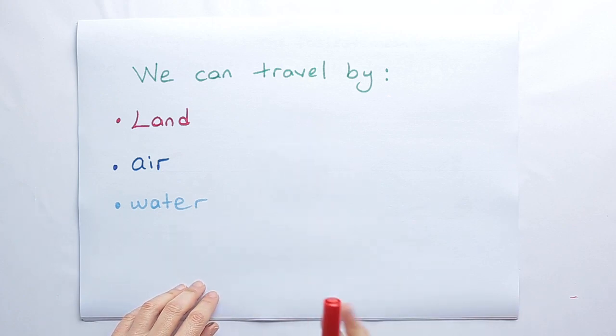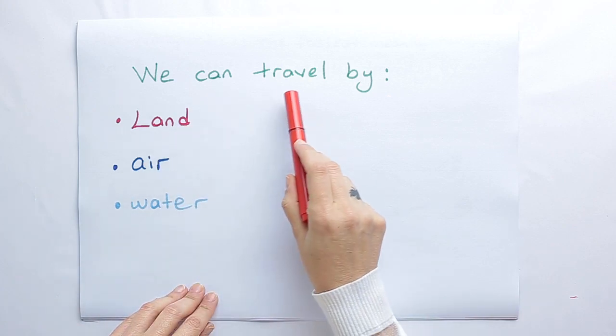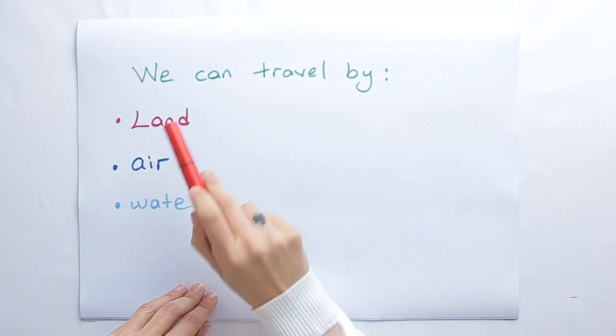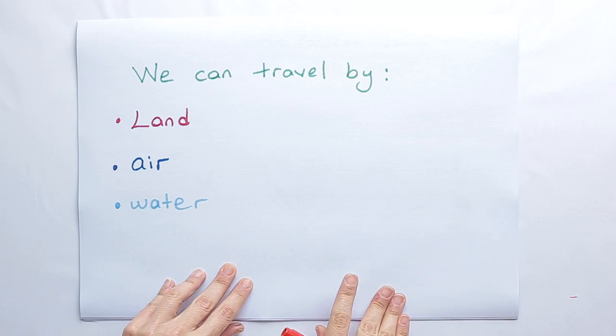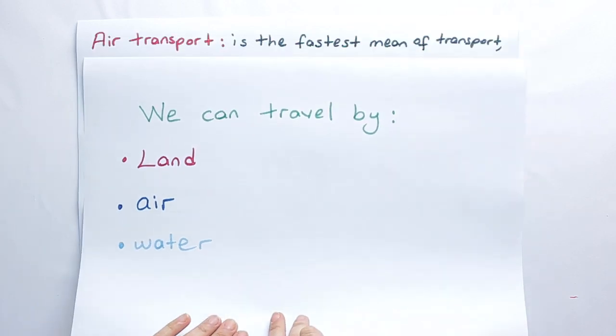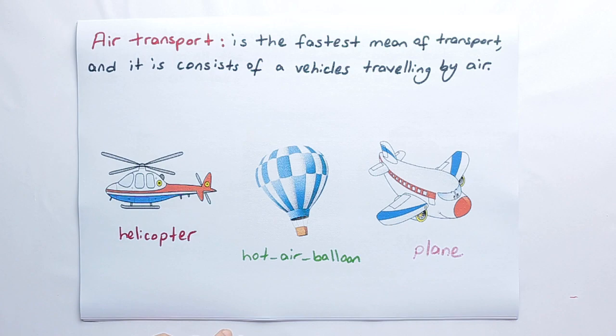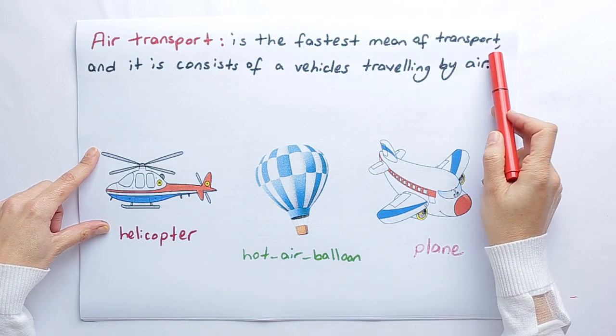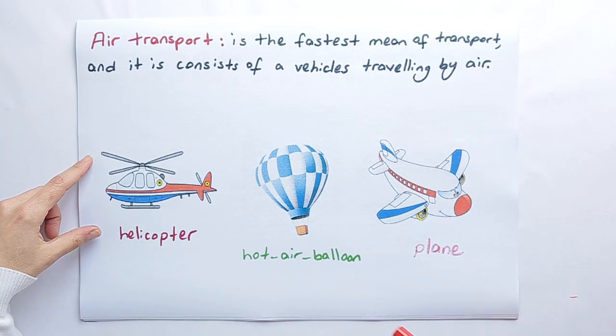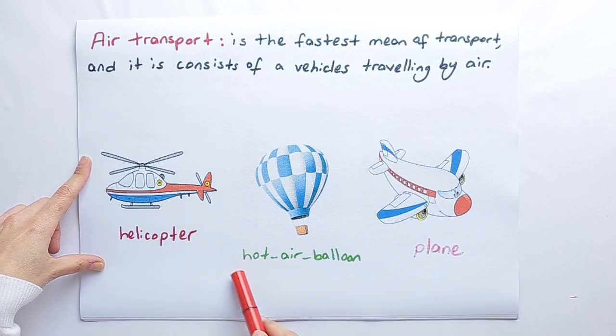We can travel by land, by air, by water. Let's look at the first one, air transportation. Air transport is the fastest means of transport and it consists of vehicles traveling by air. For example, helicopter, hot air balloon, and plane.